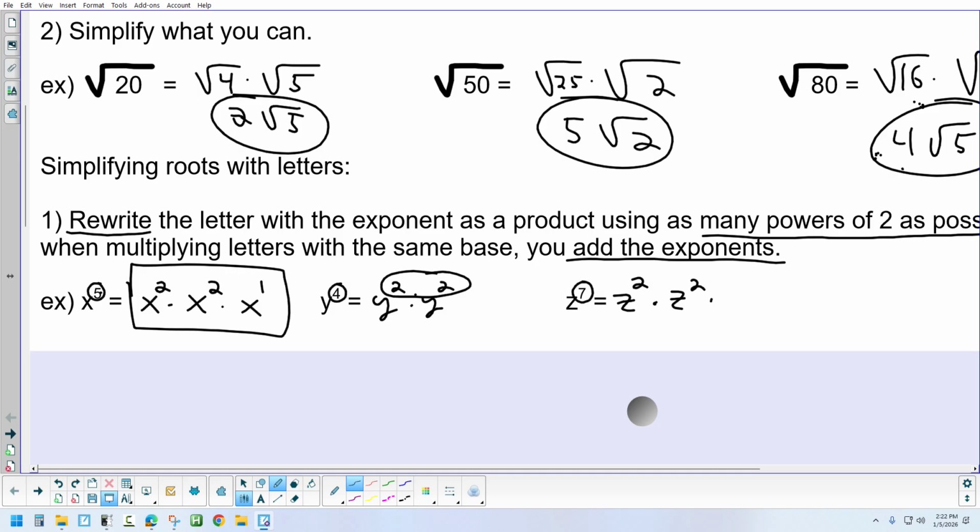Can I do another z to the power of 2? Yep. Can I do another z to the power of 2? No, I'd go over. So 2 plus 2 plus 2 gives me how much? 6. But I need to get a 7. So what is the exponent on my last z? It's a 1. Yep. That's the first part. That's the hardest part. If you understand how to break this up into powers of 2, then the next part is easy.